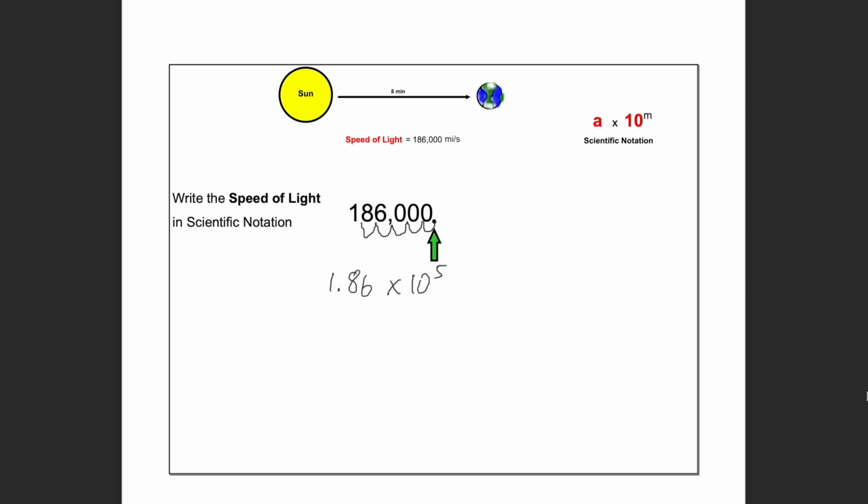Now let's do the same thing with that number we got before, the distance between the sun and the earth, 89,280,000. Again, we've got the decimal point at the end, and we say 1, 2, 3, 4, 5, 6, 7. So 8.928 times 10 to the 7th.